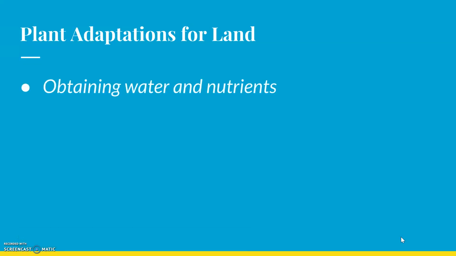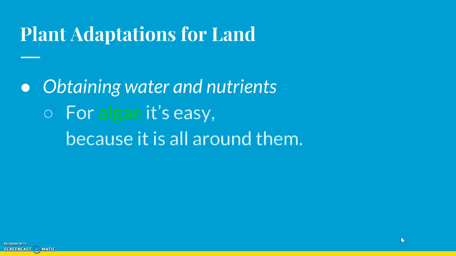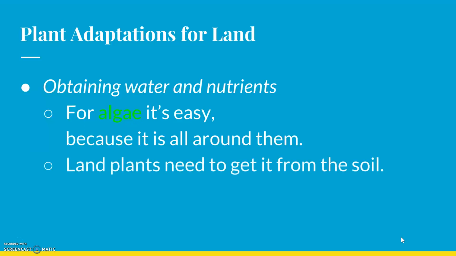So we're looking at water and nutrients first off. For algae, this is super easy. Okay, they live in water, so all they have to do is slurp and boom, they got a bunch of water. Okay, because it's all around them. But for land plants, they have to be able to get it from the soil. So in my period 2-3 class, someone's job is always to water the plants.